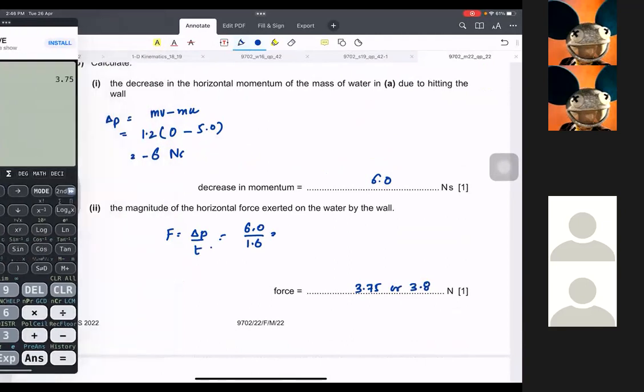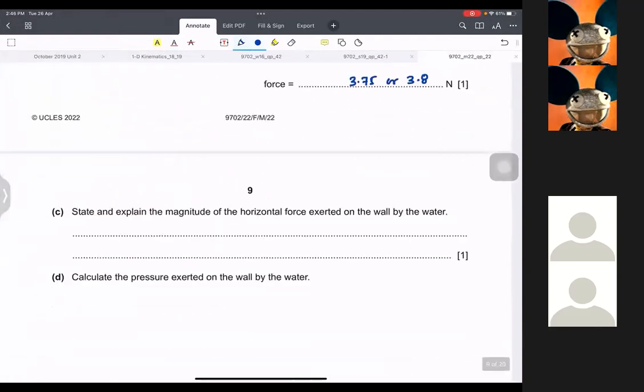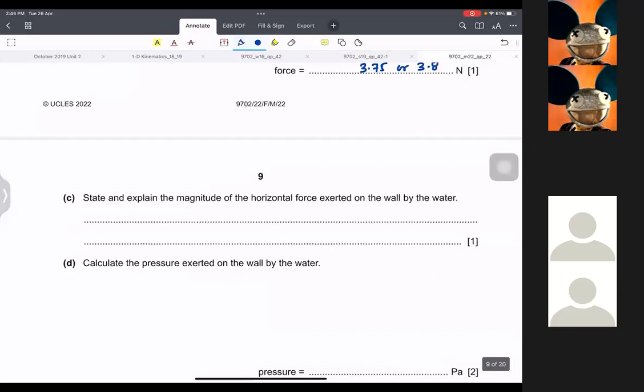That's okay. Then, explain the magnitude of horizontal force exerted on the wall. Same, but in the opposite direction. And how do you know? By Newton's third law.